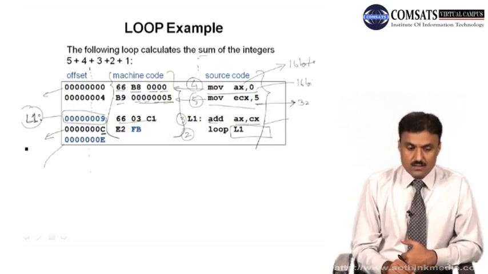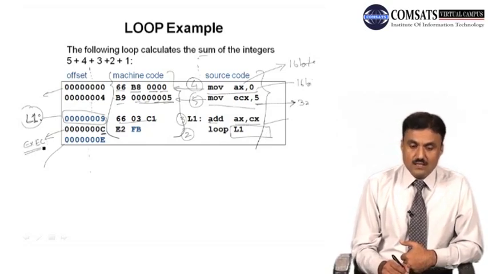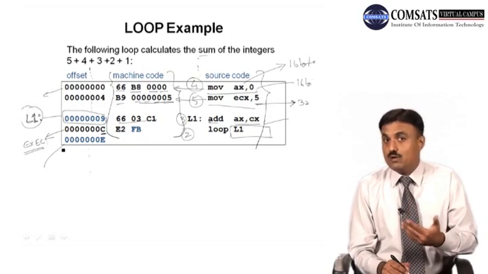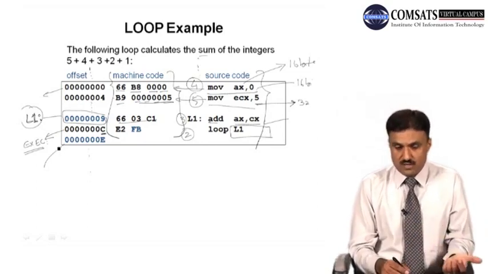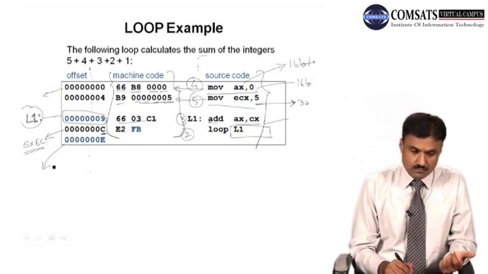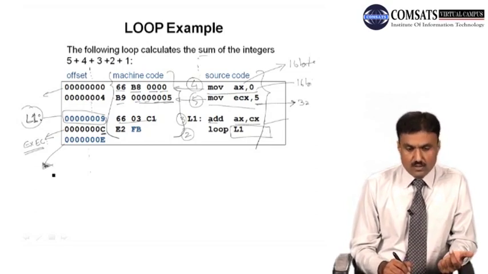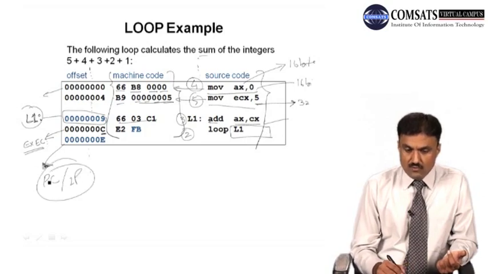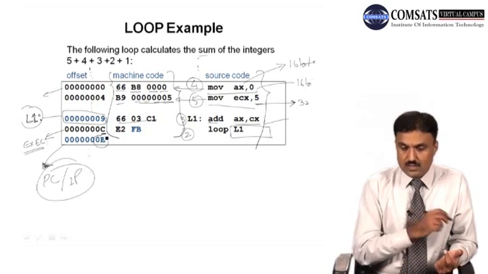When this instruction is in the execution phase, we have already calculated the program counter value, or instruction pointer value, and it will be 0E.